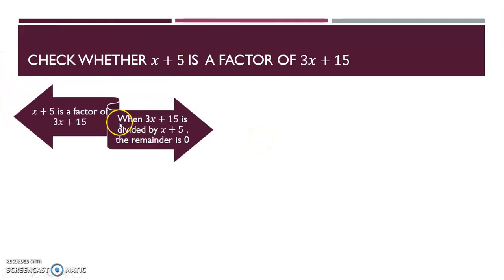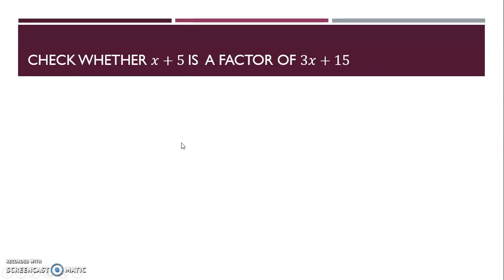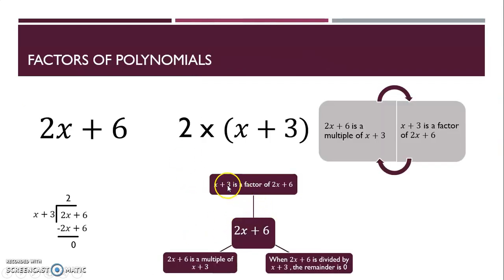If x plus 5 is a factor of 3x plus 15, this would mean that when 3x plus 15 is divided by x plus 5, the remainder is 0. Because if x plus 3 is a factor of 2x plus 6, what is also true? 2x plus 6, when divided by x plus 3, leaves remainder 0.